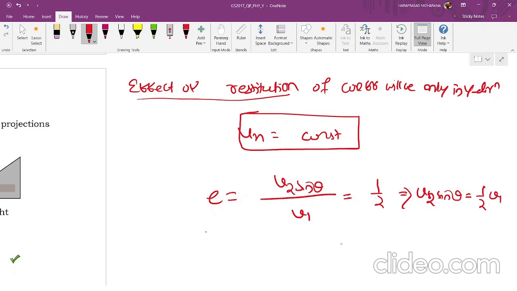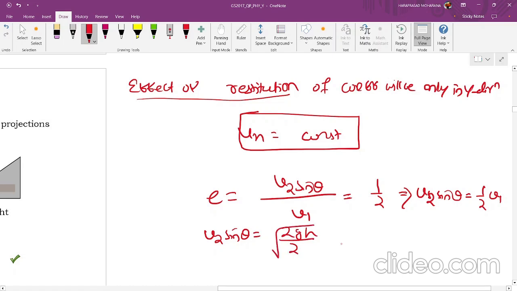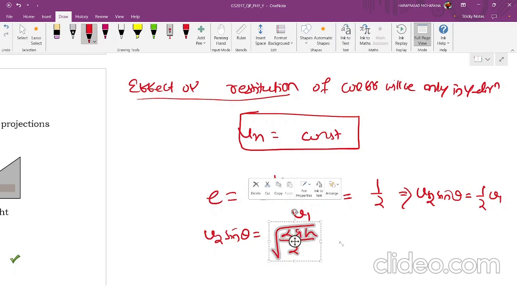So if you put in the values, v2 sine theta is equal to root over 2gh divided by 2. Yes, v1 is root over 2gh, divided by 2.